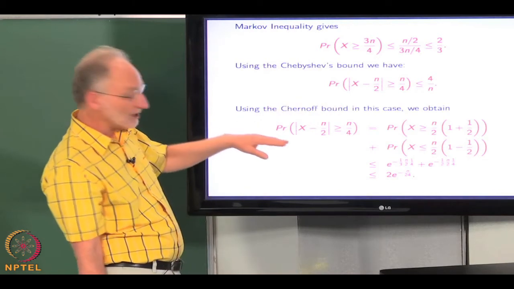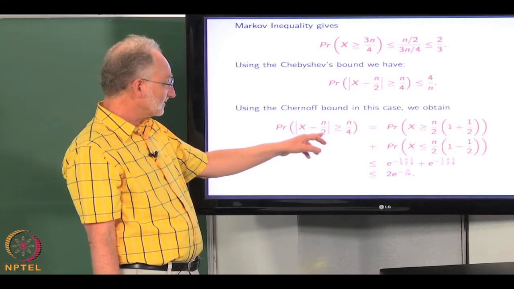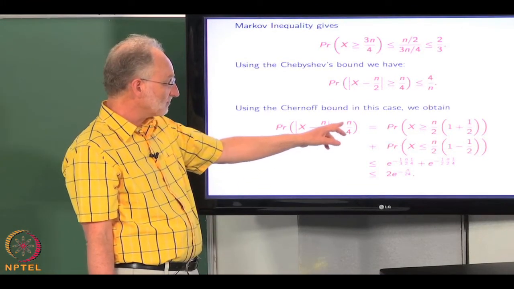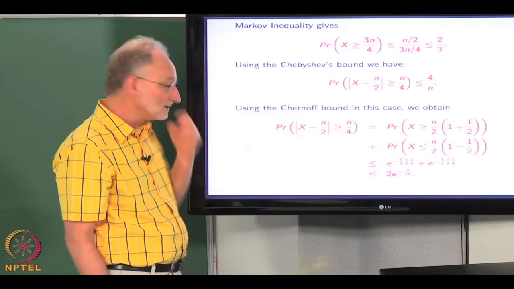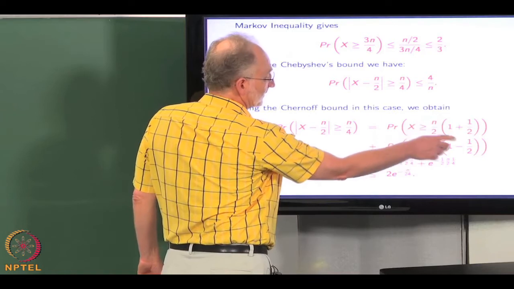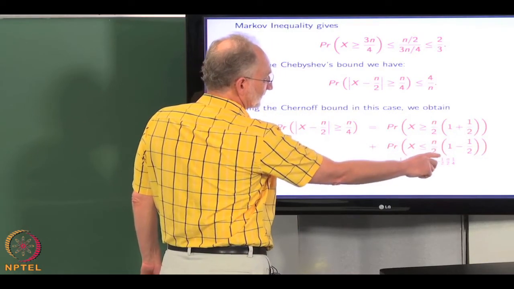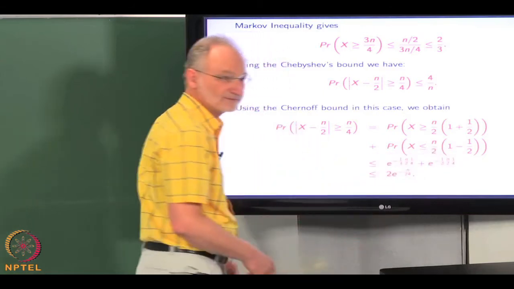Now we look at the Chernoff bound, which we just proved. The probability that x deviates from its expectation by n over 2, that is, the probability that x is greater than its expectation times 1 plus half, or smaller than its expectation times 1 minus half.